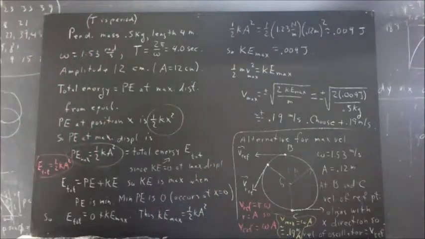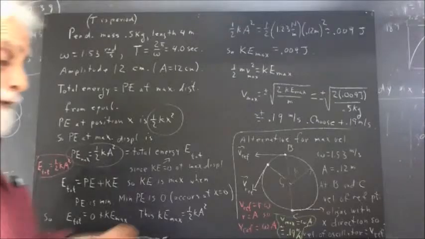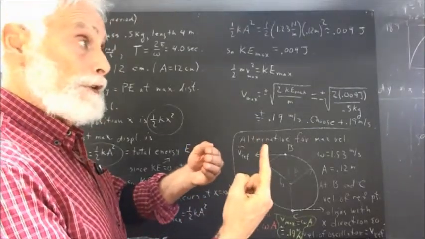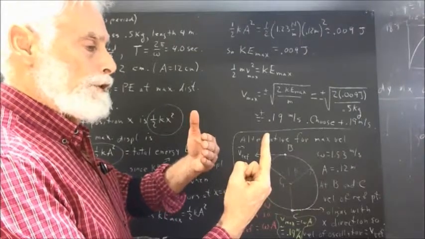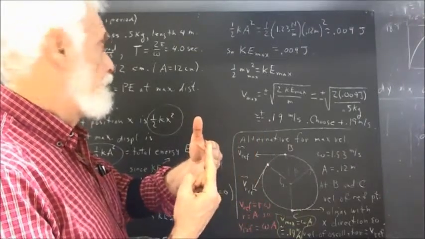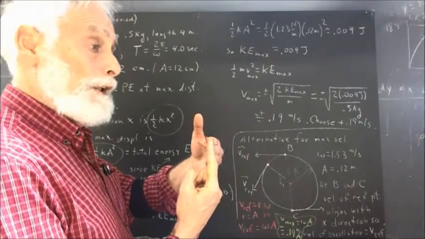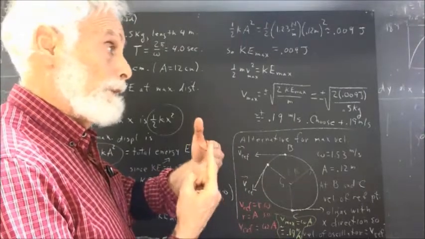What's the total energy of this system then? Well, total energy is just the potential energy when it's right here. Now, when it returns to its equilibrium position, the potential energy is back to its original amount.